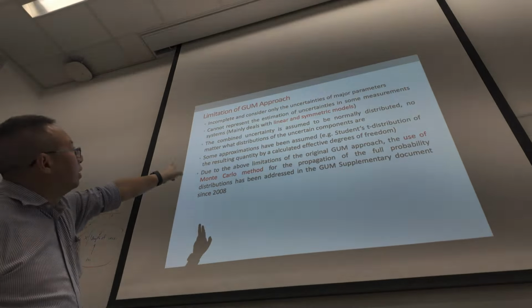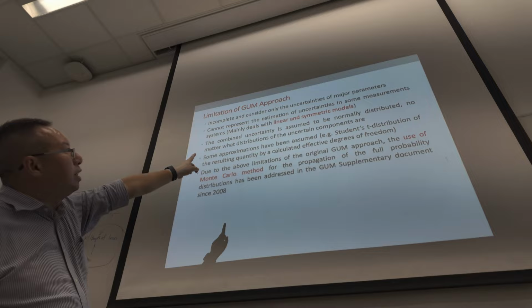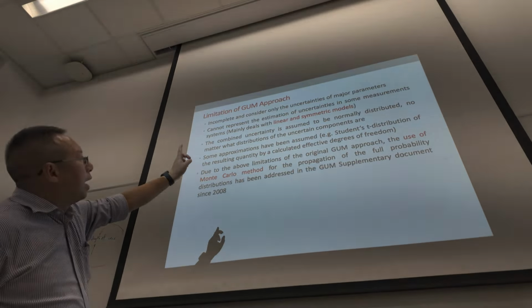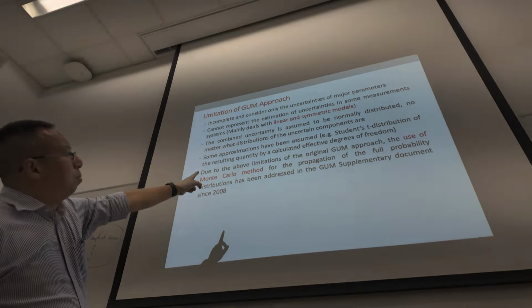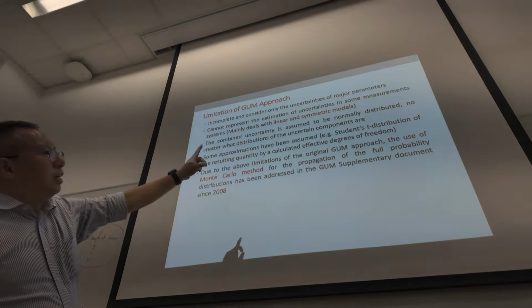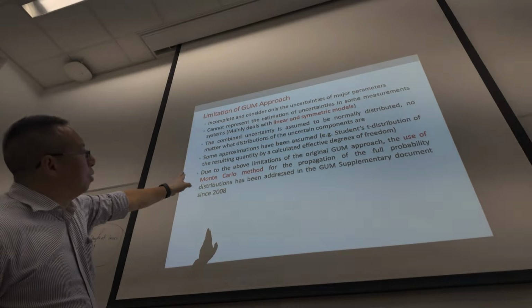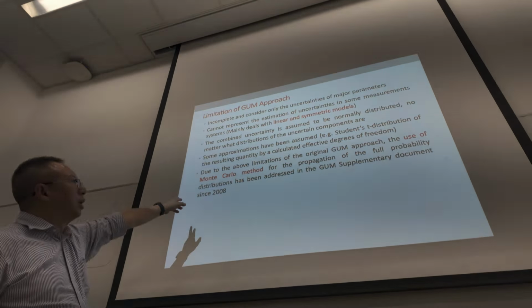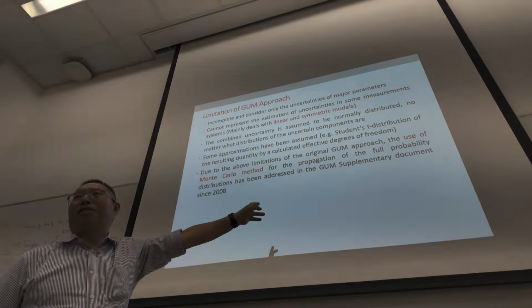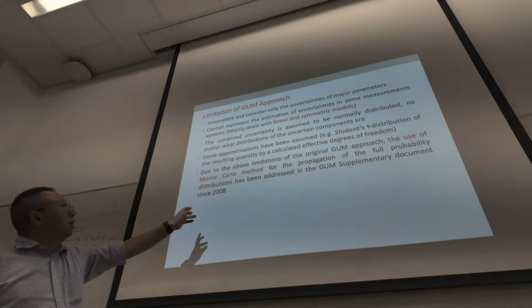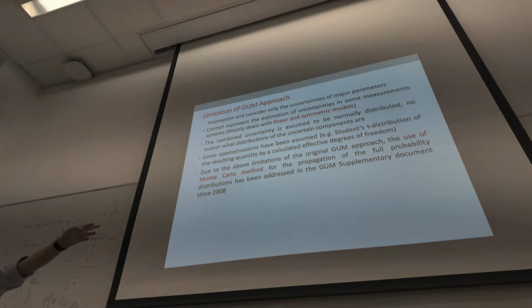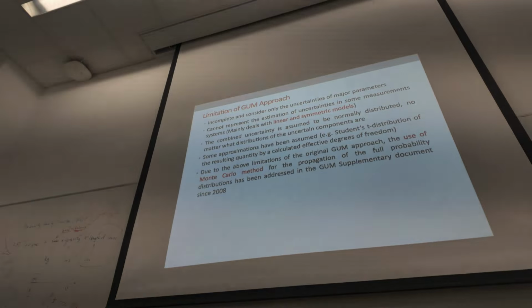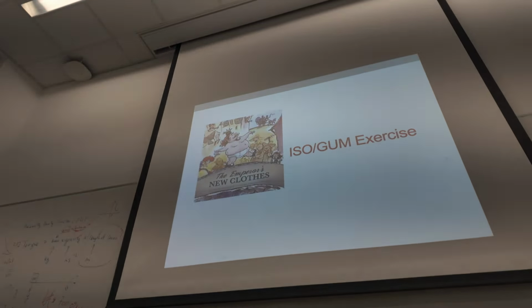Because it cannot deal with nonlinear and non-symmetric models, and it is assuming that for some cases the final result is not a t distribution, to deal with that you may suggest to use the Monte Carlo methods, which can be used to alleviate the limitations of the original GUM approach.